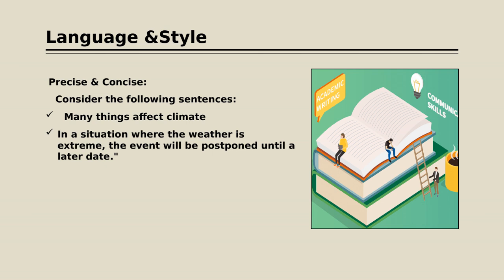What could I say to avoid this kind of vagueness, to be clear and specific about my point? Can I say, for example, "many factors affect climate"? Yes, variables, right. Factors, right.